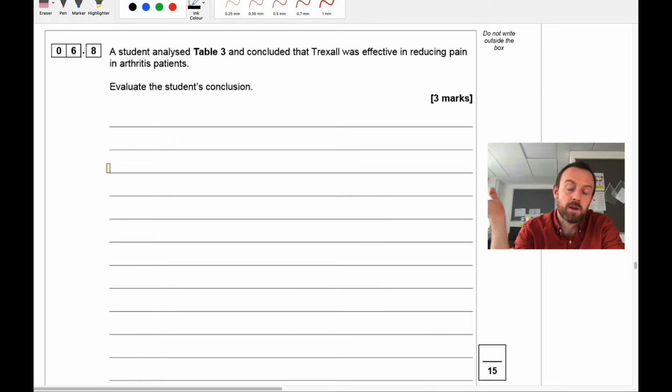Here we go, here's an evaluate. The student analysed table 3 and concluded that Trexel was effective in reducing pain in arthritis patients.